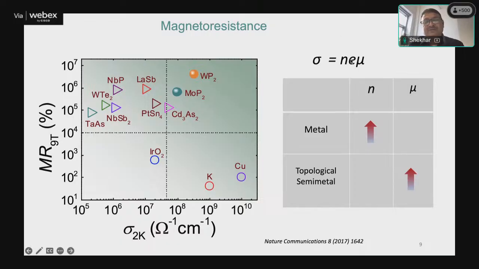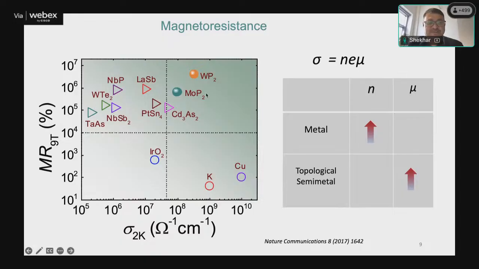So we know that conductivity is derived from the number of charge carriers, the unit of the charge, and the mobility. So high conductivity means either we have a high N, the carrier density, or we have high mobility.